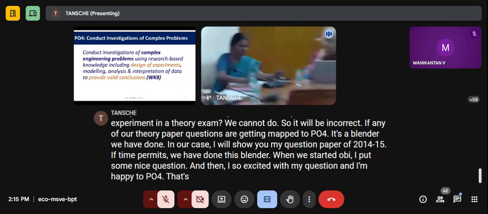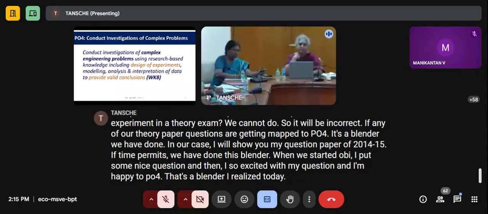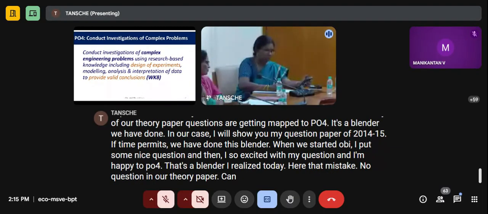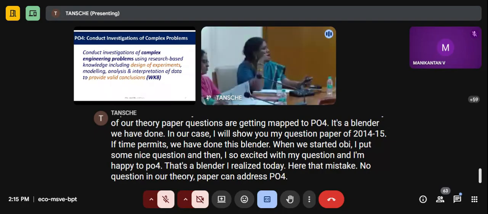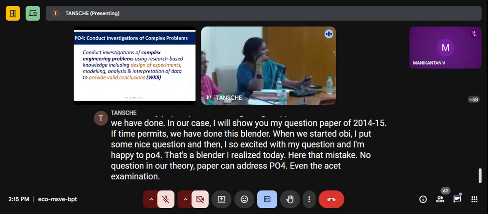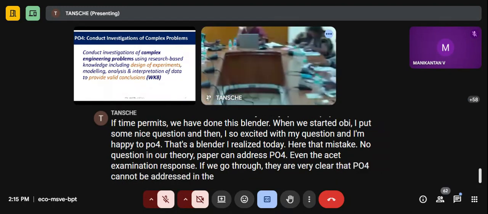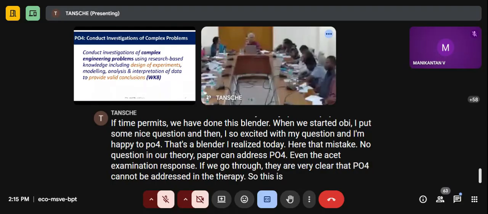That's a blunder I realized today. No question in our theory paper can address PO4. Even the AICTE examination reforms are very clear that PO4 cannot be addressed in the theory paper. So this is one thing of caution.